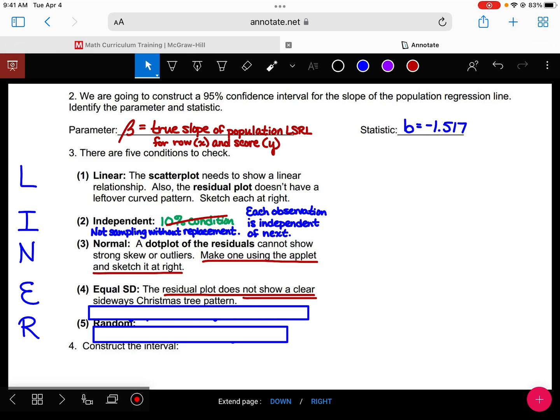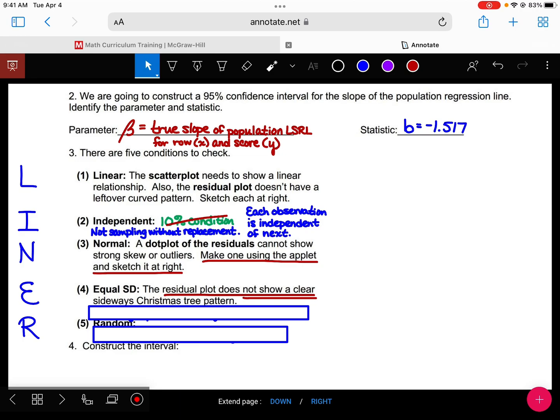To check our fourth condition, we're still looking at the residual plot. If this residual plot right here has roughly equal variability at each of my x's, and by roughly equal variability, I mean that this one is about as variable as this one, and again, I'm looking at approximately.